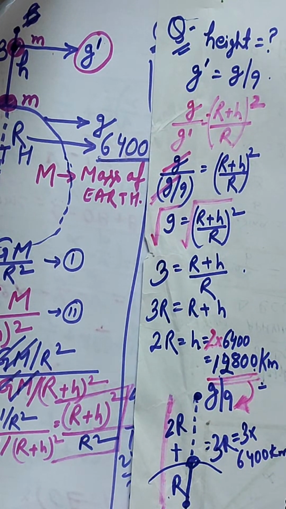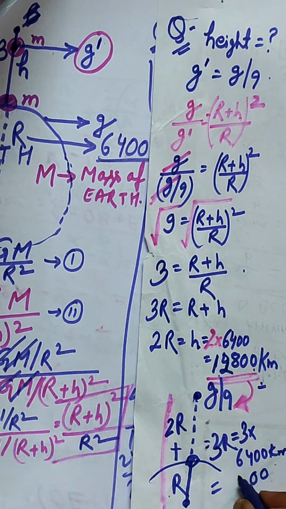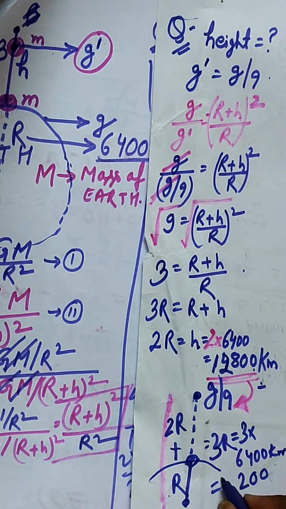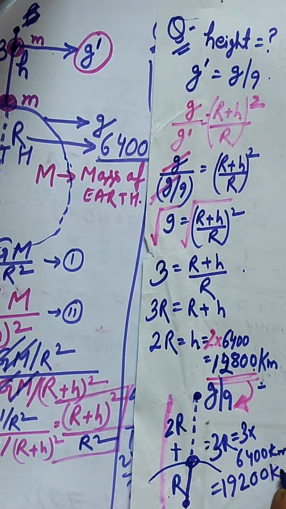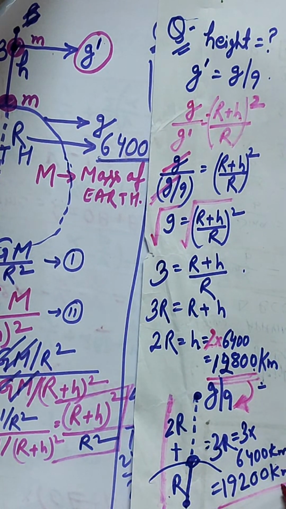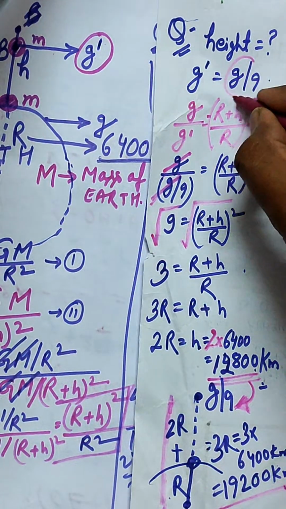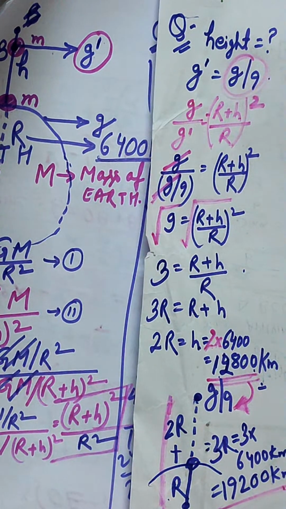This gives you 19,200 kilometer, where the new acceleration of gravity will be g by 9.